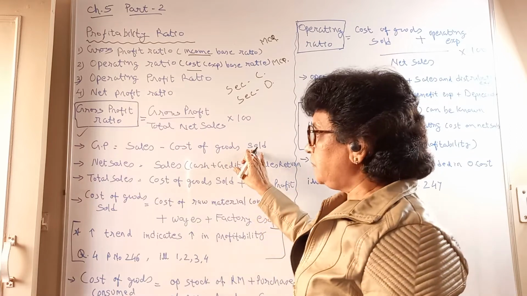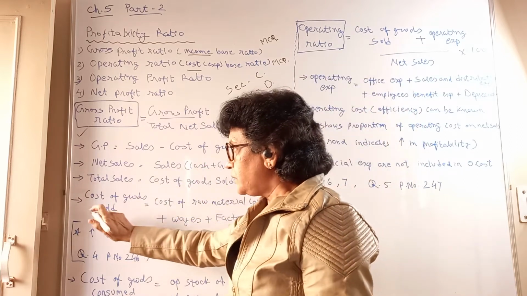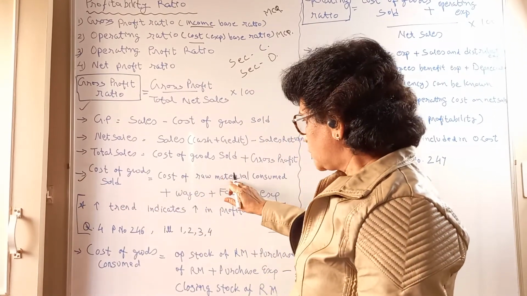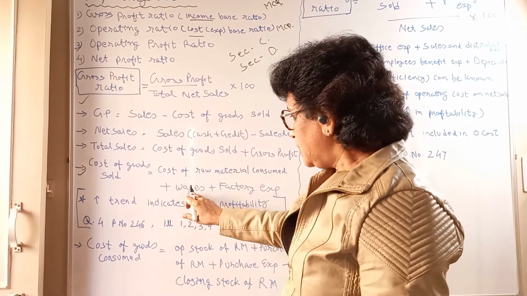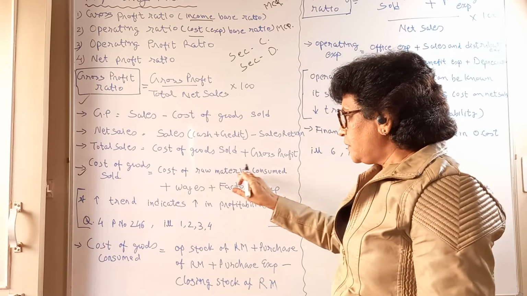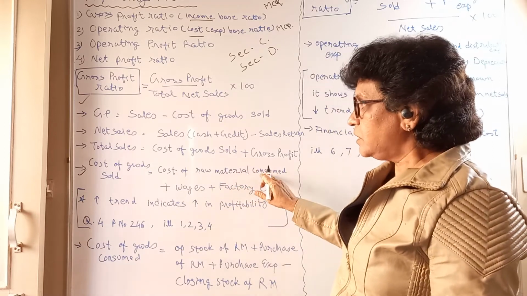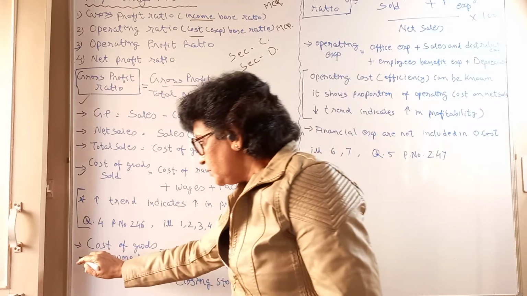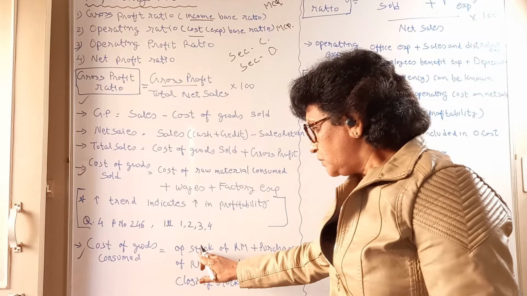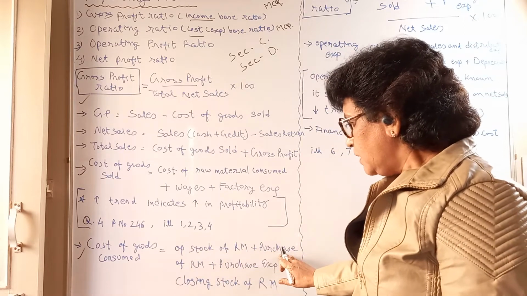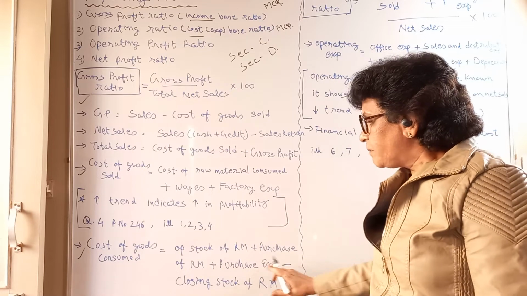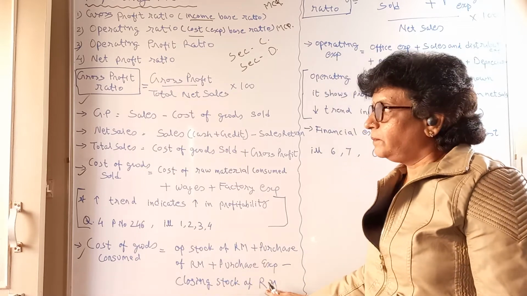But if not given directly, then you have to apply the formula that cost of goods sold is equal to cost of raw material consumed plus wages plus factory expense. If the cost of raw material consumed is also not directly given, then you have to go to the formula: cost of raw material consumed is equal to opening stock of raw material plus purchase of raw material plus purchase expenses minus closing stock of raw material.